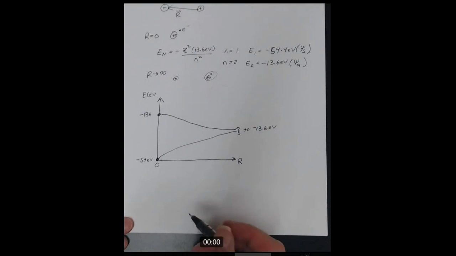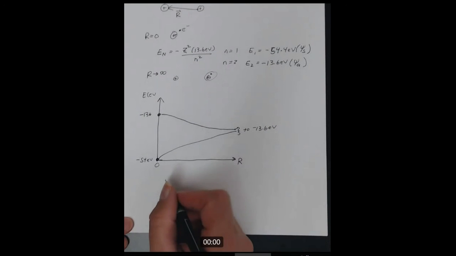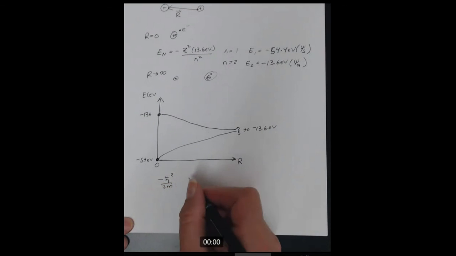We can estimate what the energy of the electron is as a function of R by looking at the energy eigenvalue equation, or the Schrodinger equation.